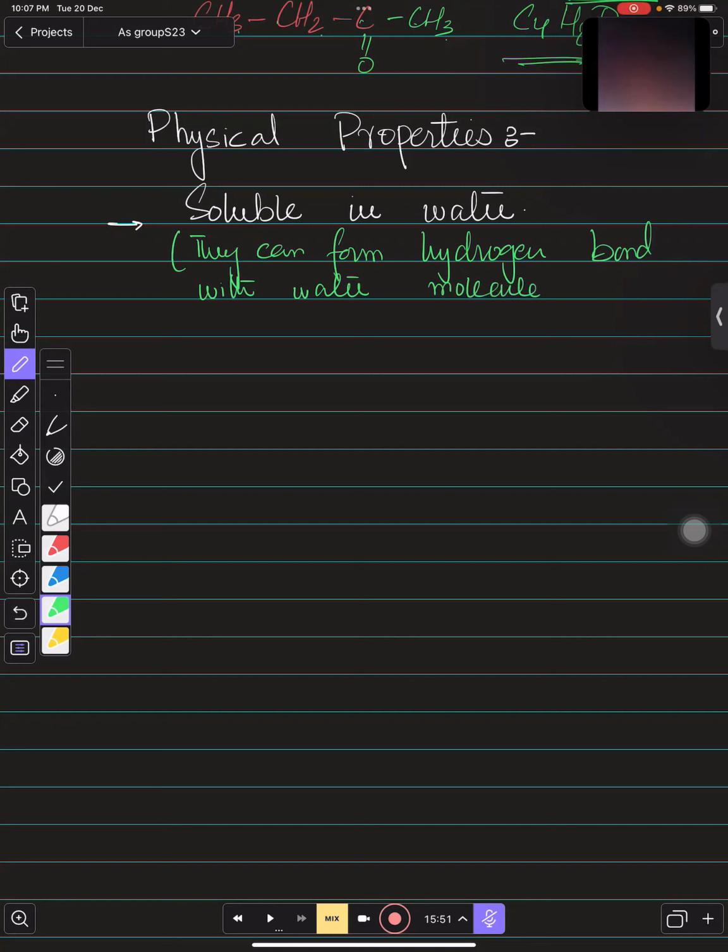Right, let's see how they can do this. Let's talk about ethanol. This is ethanol: one carbon, second carbon, this carbon is connected with O and hydrogen, and then hydrogen, hydrogen, hydrogen, and this hydrogen, right?